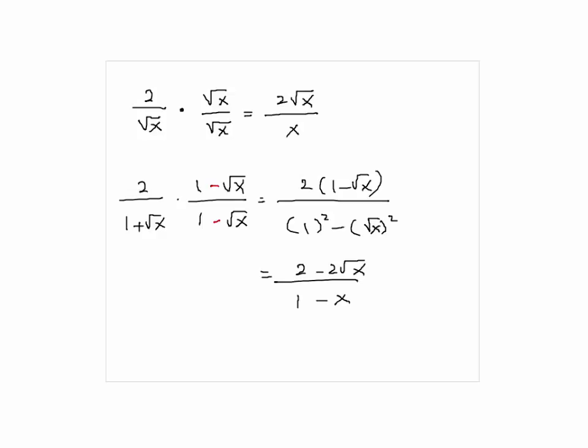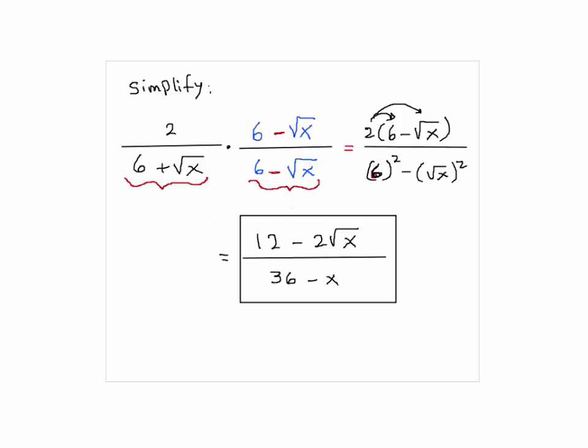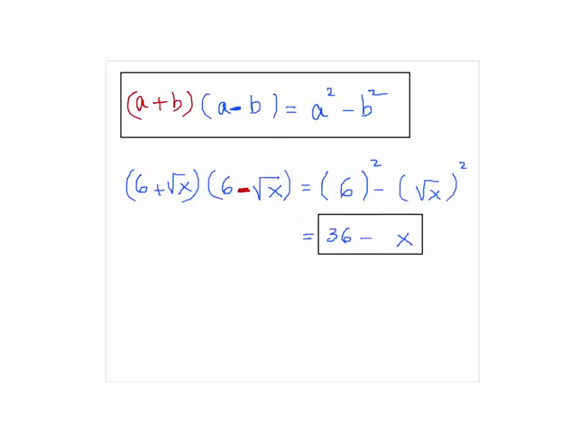Okay, Arden, there is no name for this rule. We're just using the fact that a plus b times a minus b is equal to a squared minus b squared.